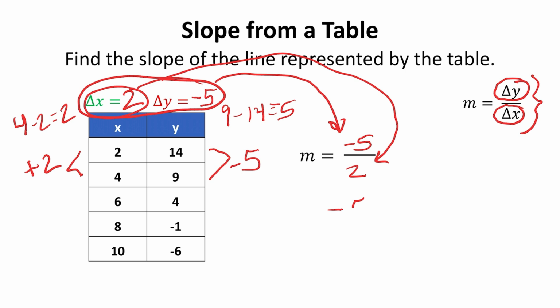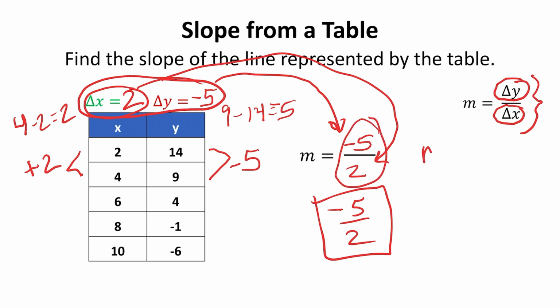So the slope is negative 5 over 2, and that will not simplify. Okay, and you're done. Once you have your fraction in simple terms, it's done. And if you type negative 5 over 2 using the N over D button on the calculator, it will tell you it's negative 5 over 2. If you hit enter, if it gives you the same number, it's simplified already.